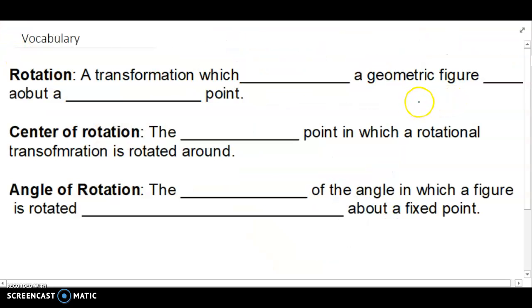All right, so let's define what a rotation is now. A rotation is a transformation which rotates a geometric figure counterclockwise about a fixed point.